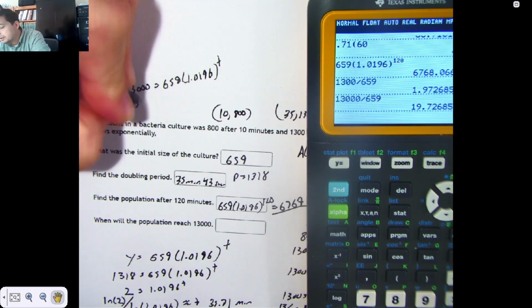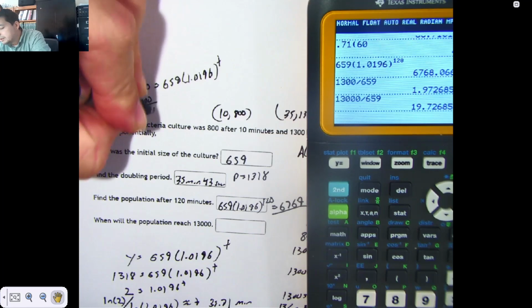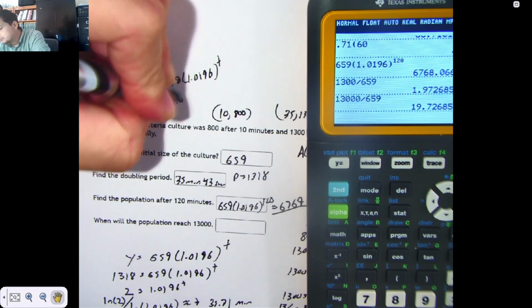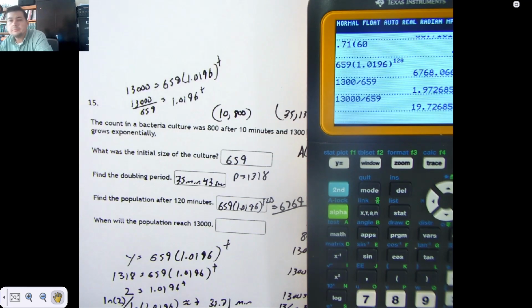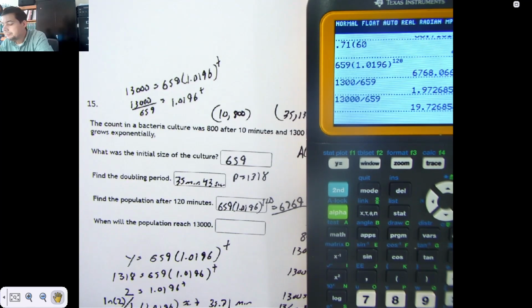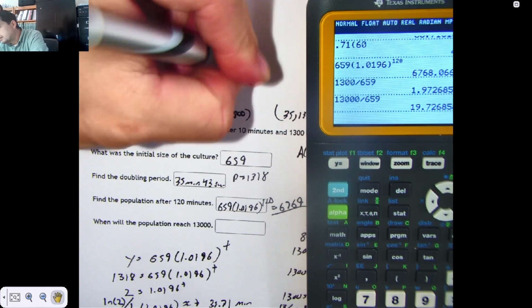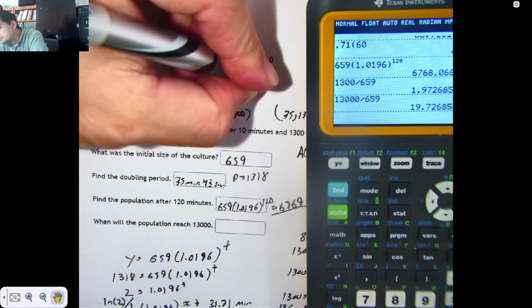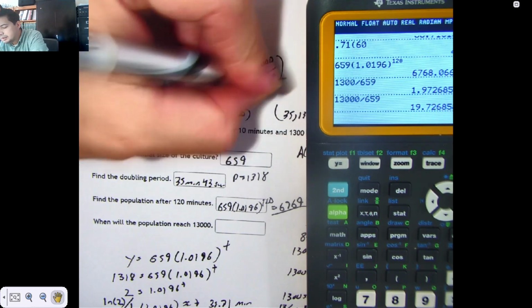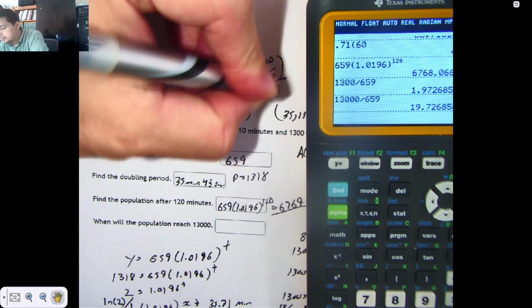It's just 13,000 over 659. We'll ln both sides. The time is going to be the natural log of 13,000 over 659, divided by the natural log of 1.0196.